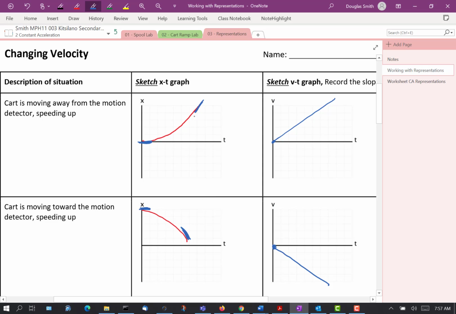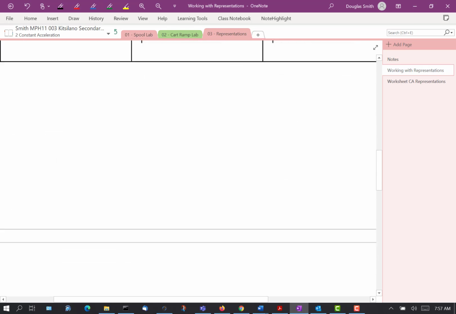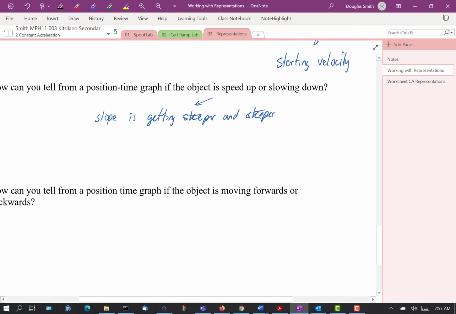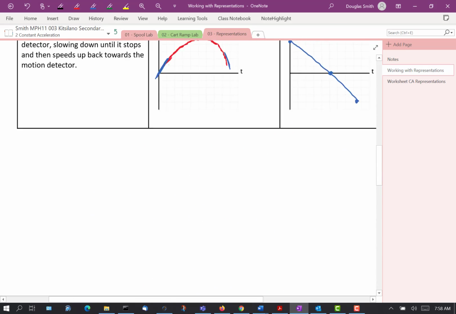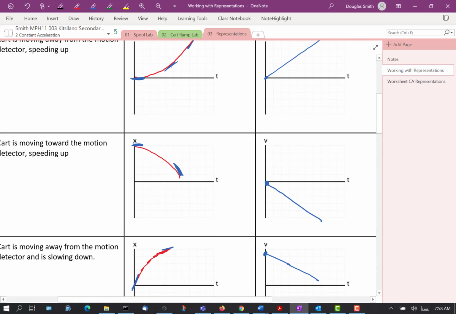This slope is getting steeper and steeper, so it is speeding up. Not steep, middle steep, big steep. If it's slowing down, its slope is getting less and less steep.